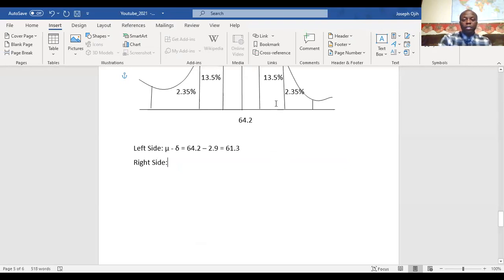Then for the right side, which is this side here, we have the same thing, except that we have it as a plus sign. So I'm going to just copy it. We have mean plus one standard deviation, which equals 64.2 plus 2.9.